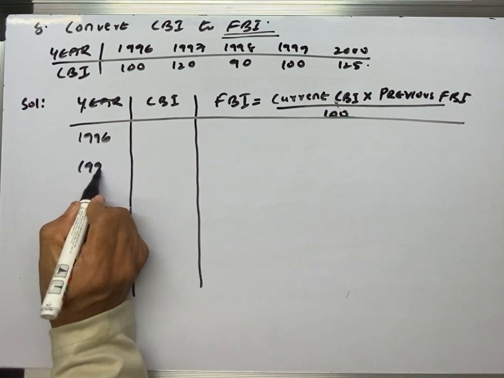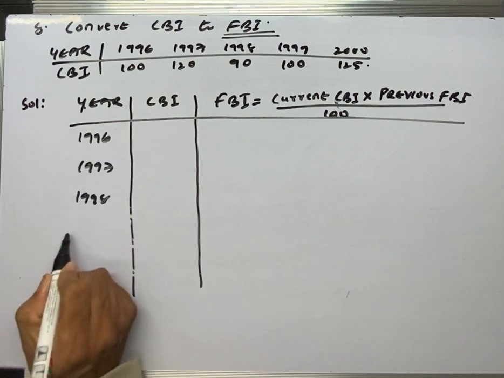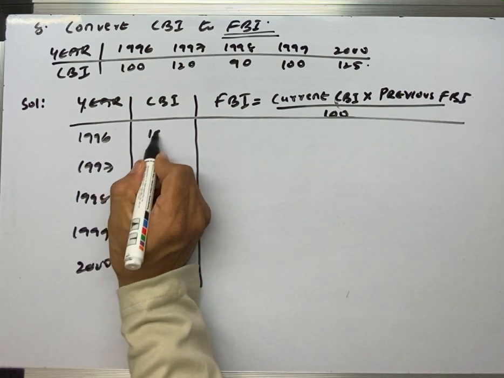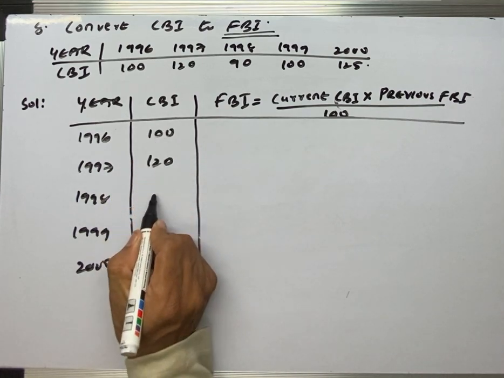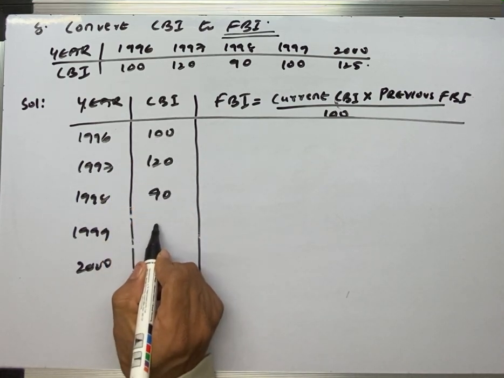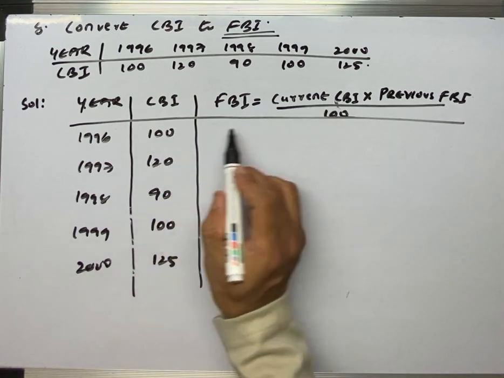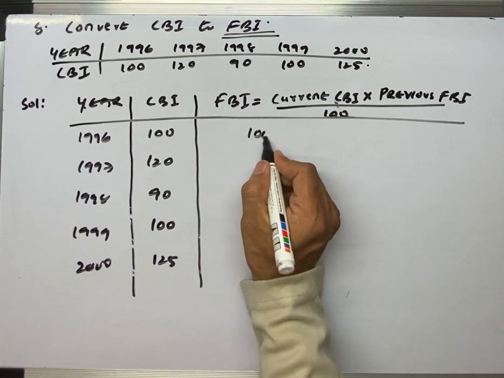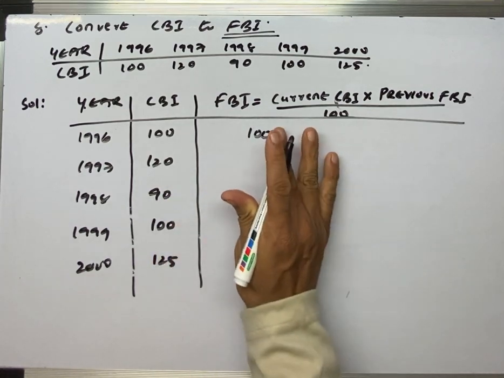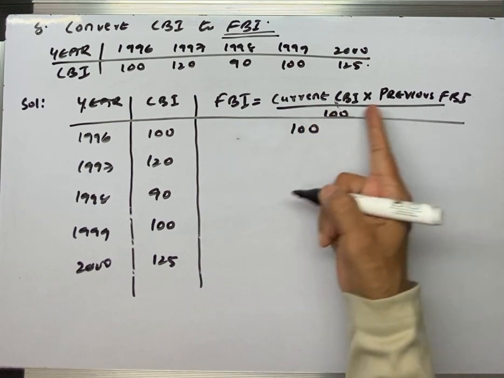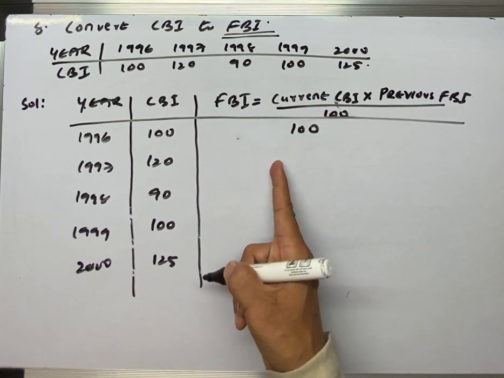Years 1996, 1997. So we have 100, 120, 90, again 100, 125. So current CBI, whatever CBI value, we can write as it is. So first value always as it is. This formula is applied from the second value onwards.